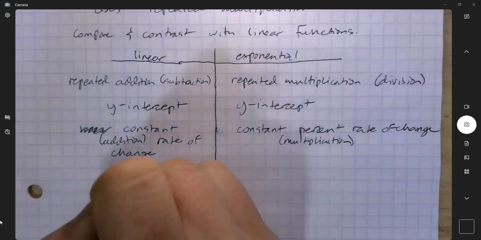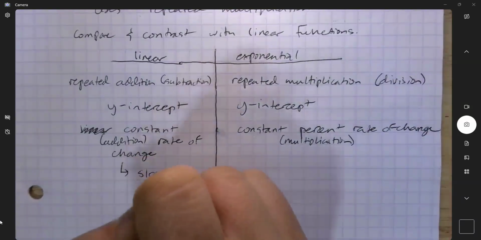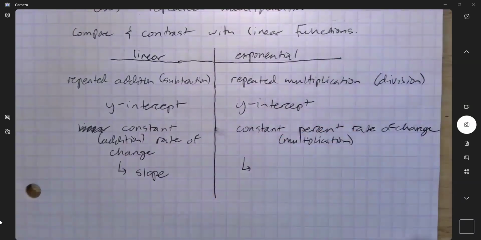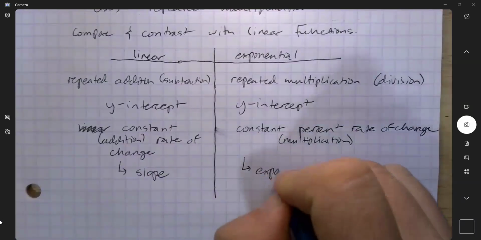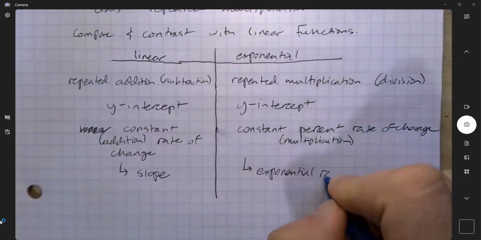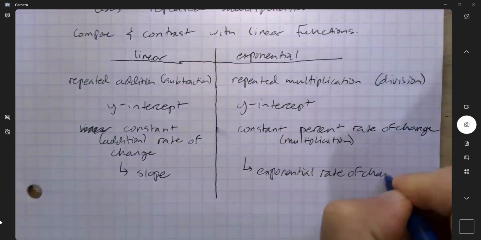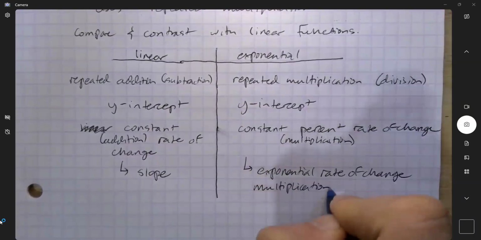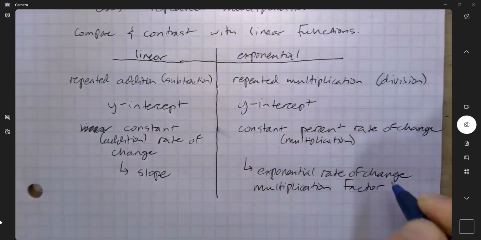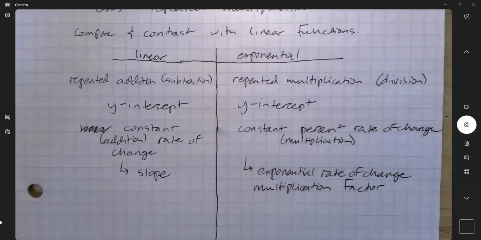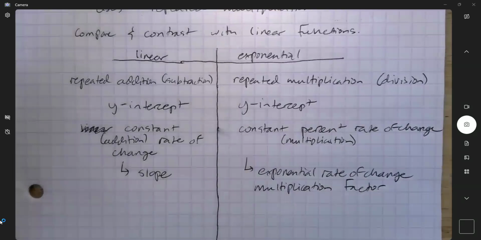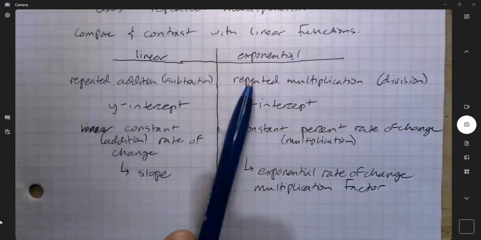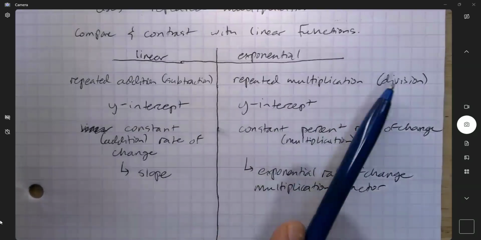Now, in a linear function, we call that constant rate of change the slope because it's a line and it's straight. Exponential functions are not lines, so they don't have a slope. So I usually call it the exponential rate of change. Sometimes you see it written as what's called a multiplication factor. So these functions are very, very similar. The only difference is linear functions work through addition or subtraction, and exponential functions work through multiplication or division.